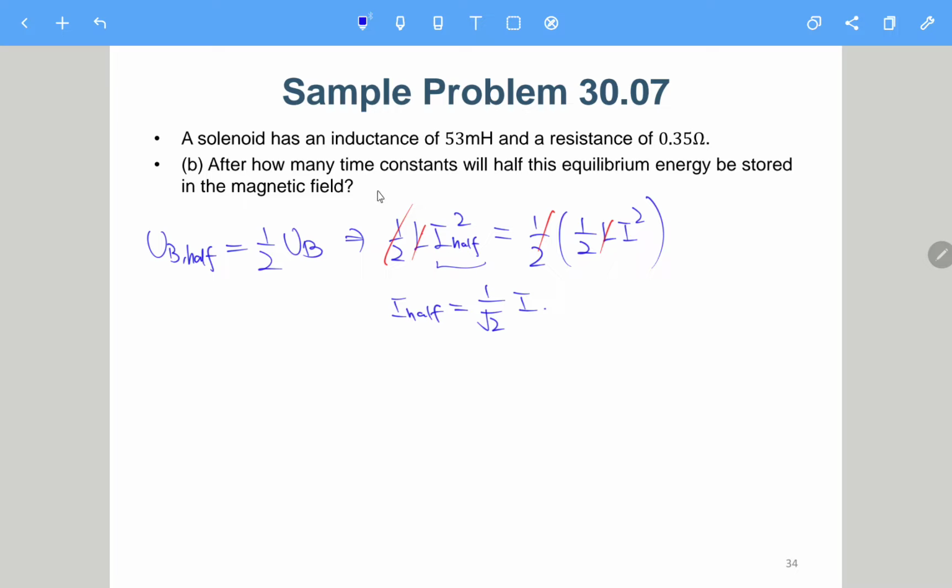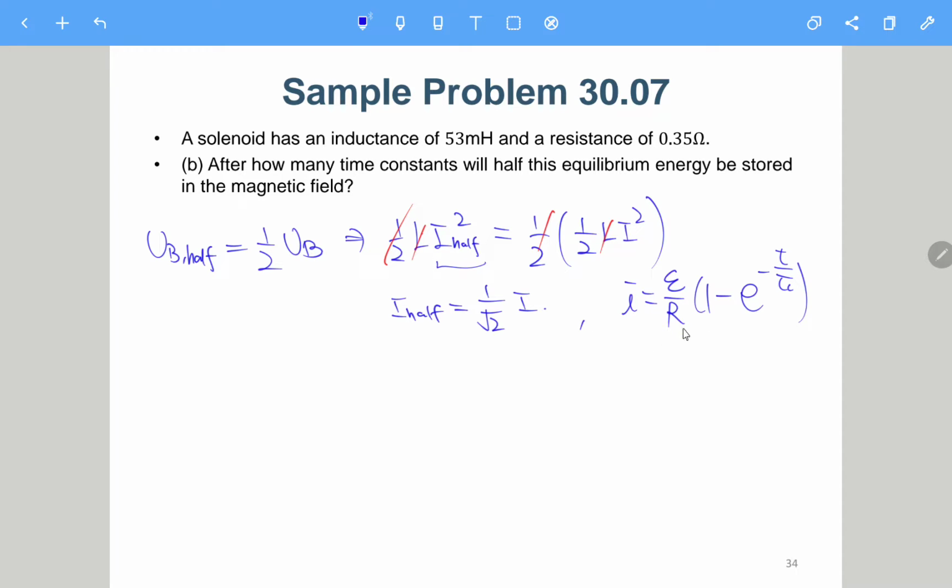Here we would like to know how many time constants, which means we want the time when I_half is 1 over square root of 2 times I. If you still remember, I equals E over R times 1 minus exponential of negative t over tau_L.